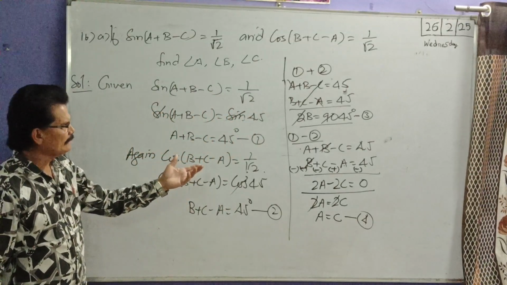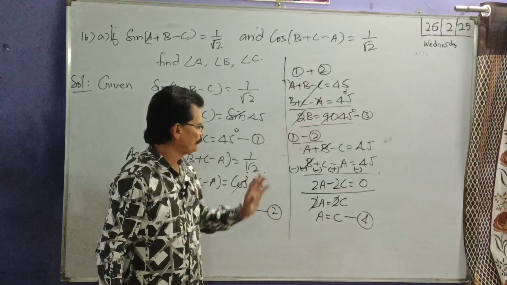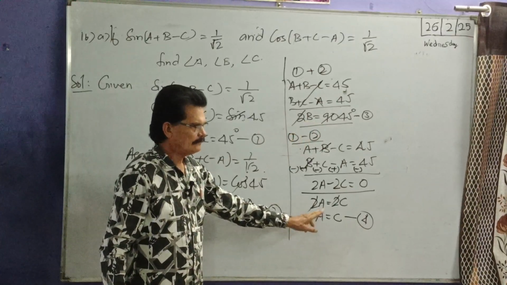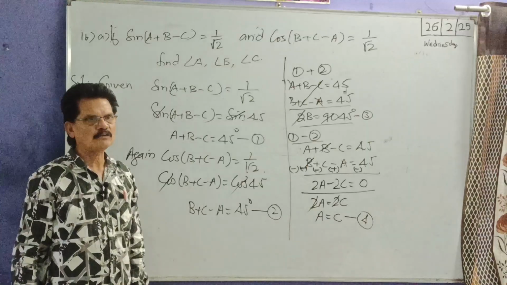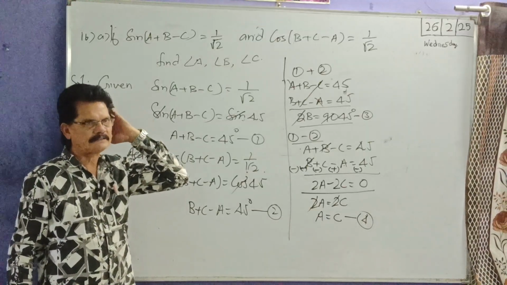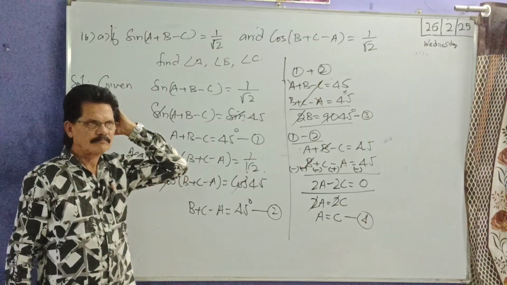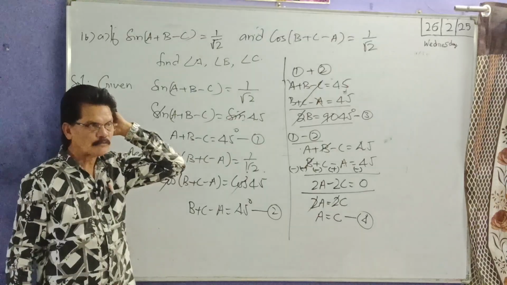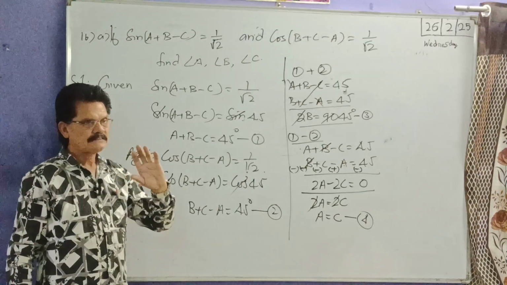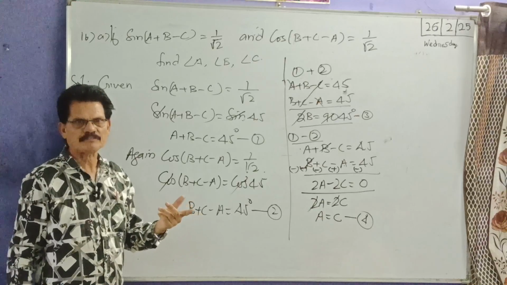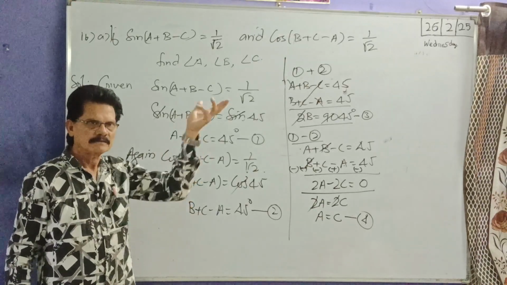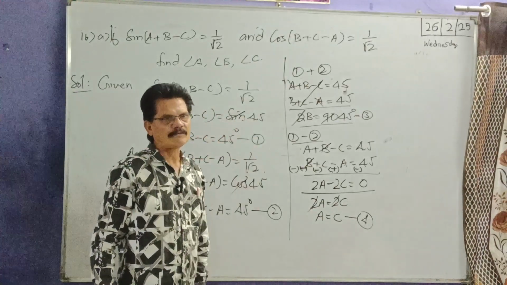What is equation 3? B is equal to 45. What is equation 4? A is equal to C. Now we have to go to the third equation, the unknown which we have in our mind, the general truth that we know: the sum of three angles in a triangle is 180 degrees. That formula we have to use now.